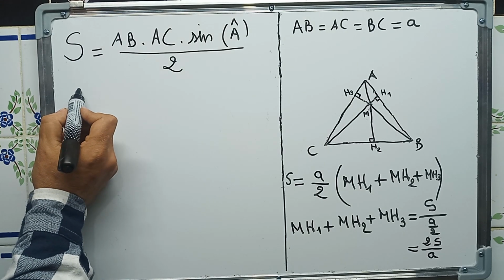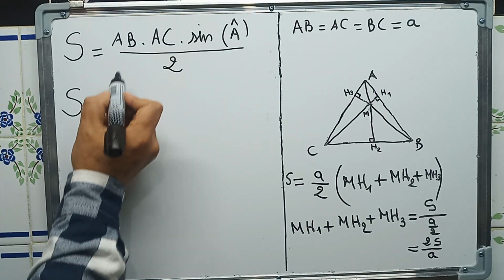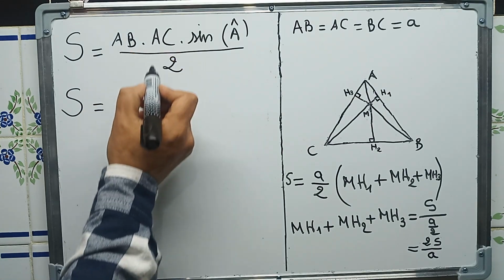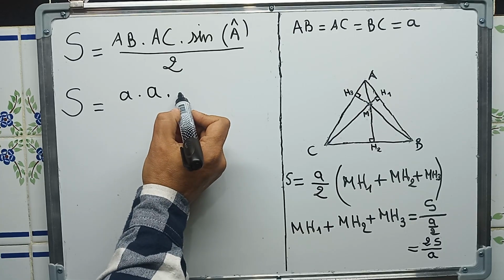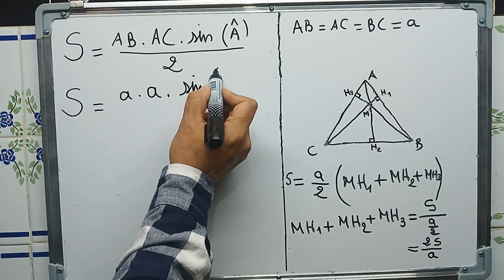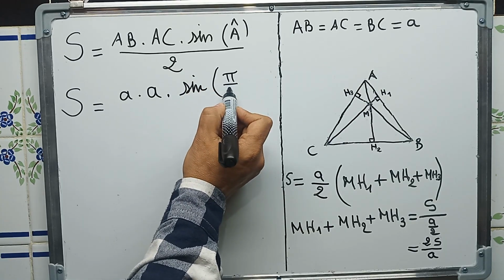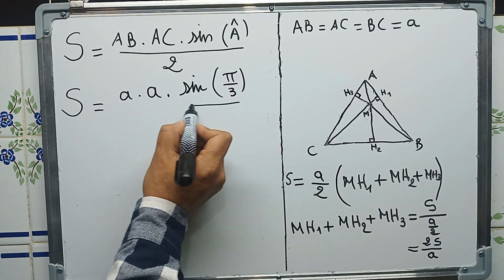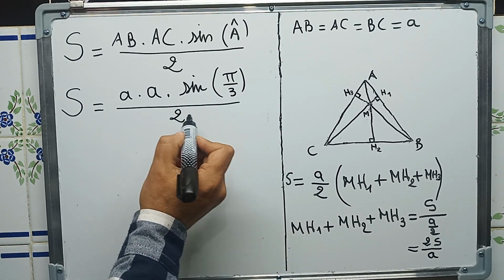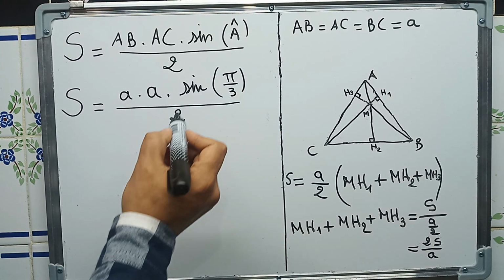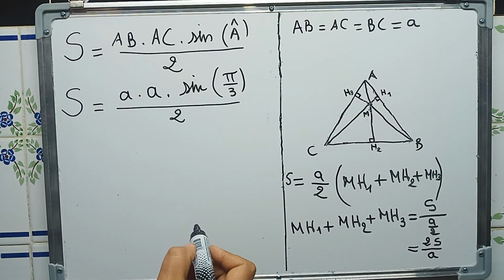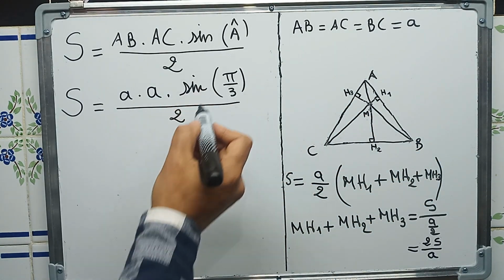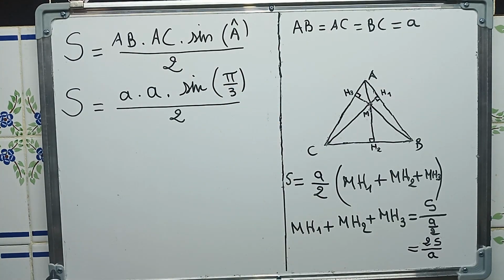In our case, S equals A times A, AB is A, AC is A, times sine pi over 3.